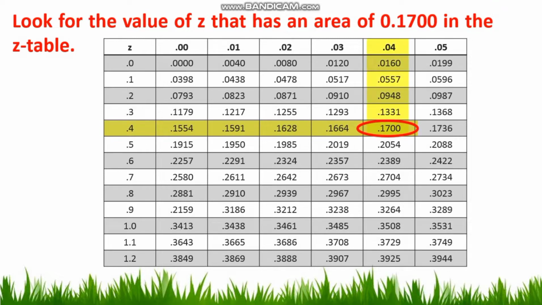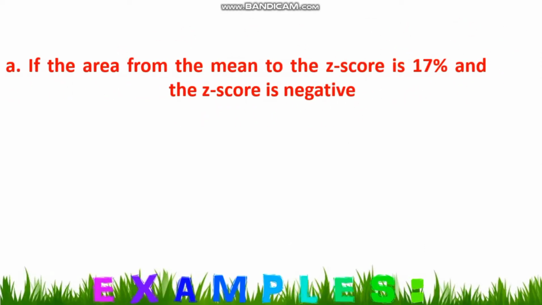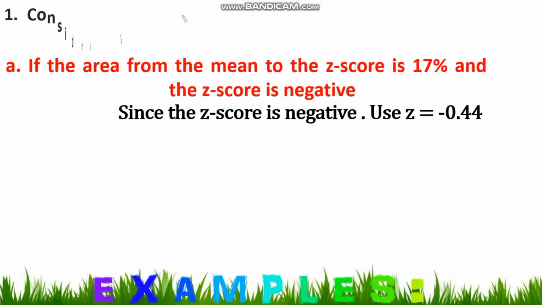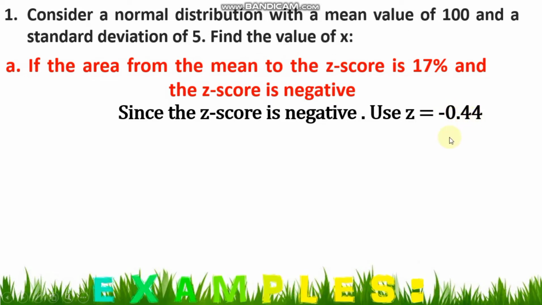So, we have here yung area na 0.1700. So, anong z-value niyan? Yung z-value niya is 0.4 plus 0.04, that is 0.44. So, we'll go back to the problem. 0.44, since negative z-value daw yon, so we'll have it as negative 0.44.